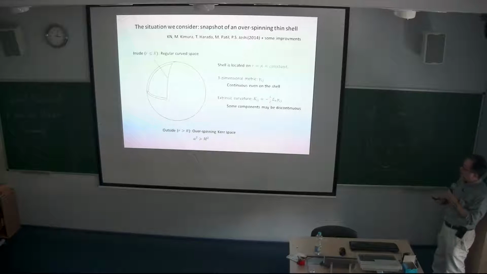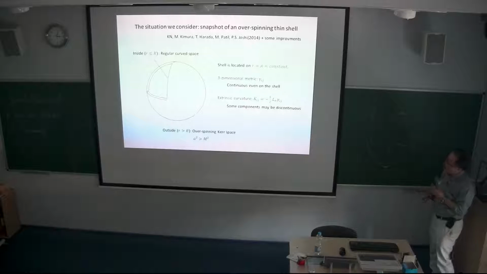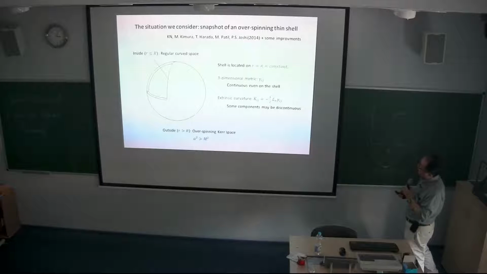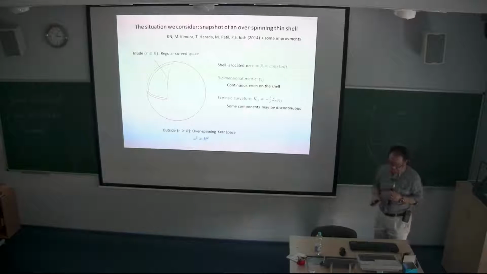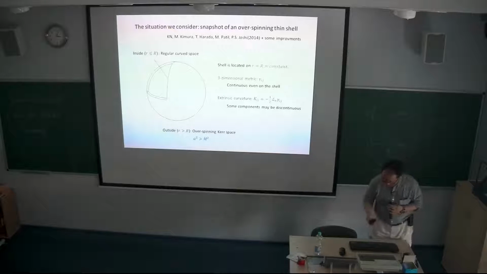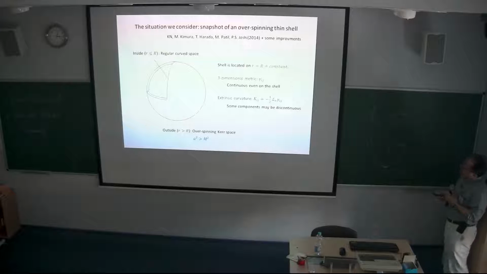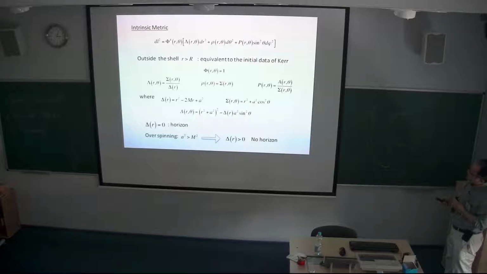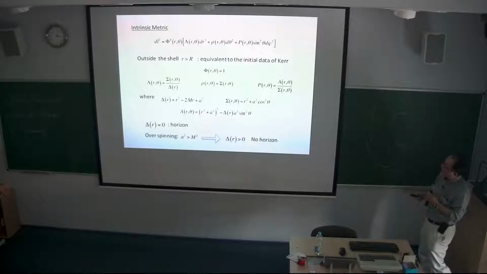Some components may be discontinuous, and we assume that the shell is located at very strong coordinates, cannot be continuous, but finite. And furthermore, we assume that the three-dimensional metric is continuous even on the shell.